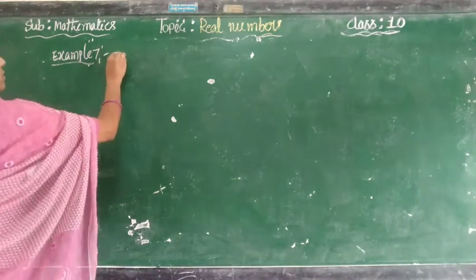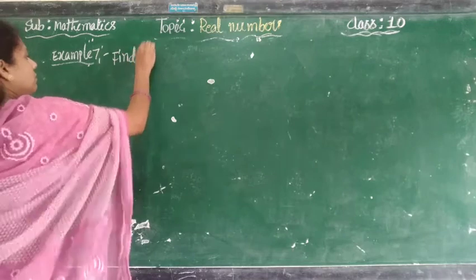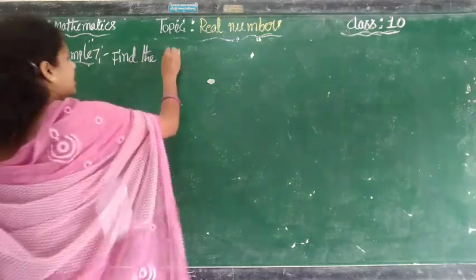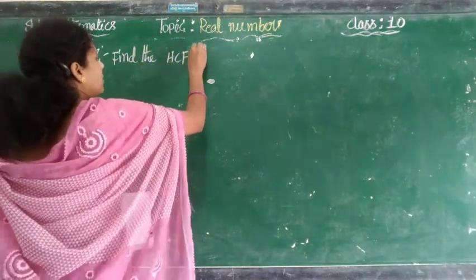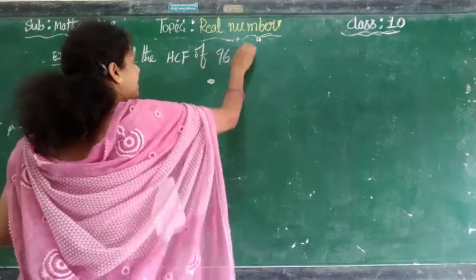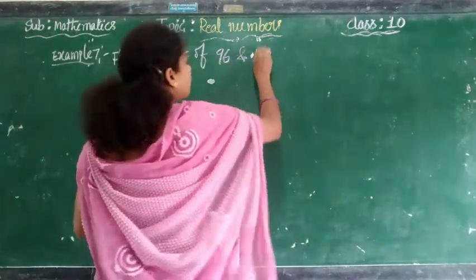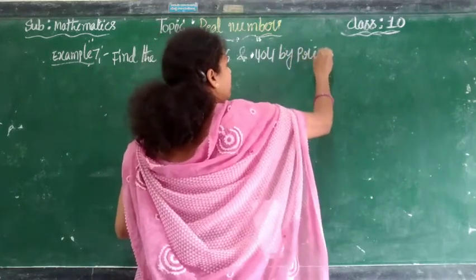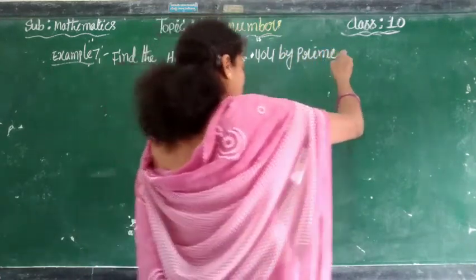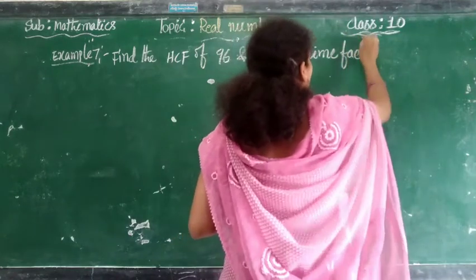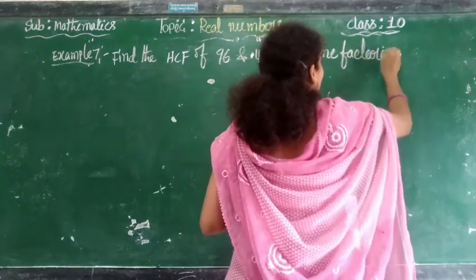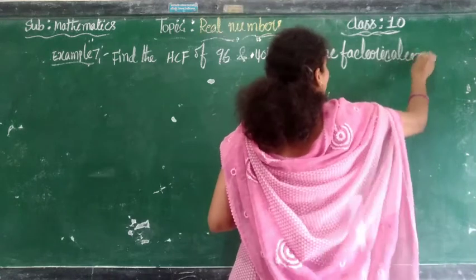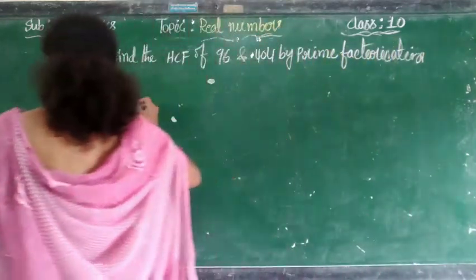Find the HCF of 96 and 404 by prime factorization method.